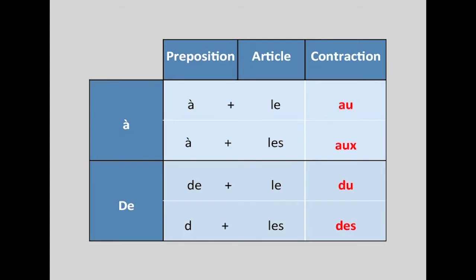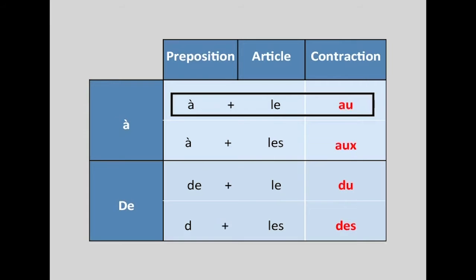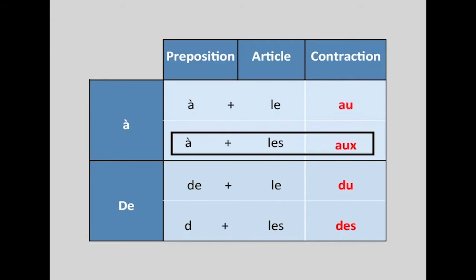This table displays the contractions applicable to the definite articles that are preceded by the prepositions à and de. As you can see, the preposition à plus le contracts to au. The preposition à plus les contracts to aux.